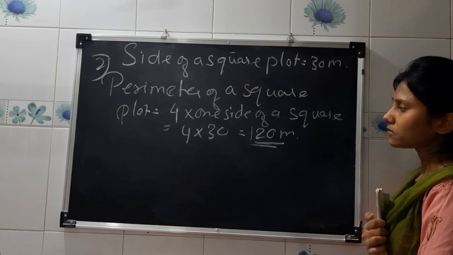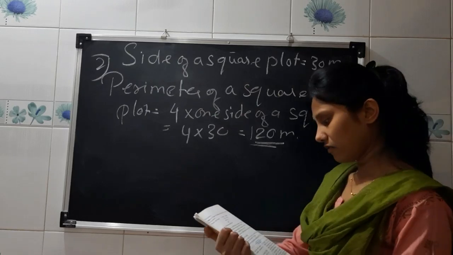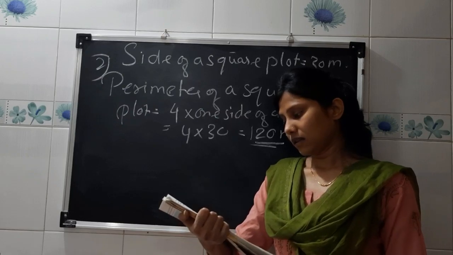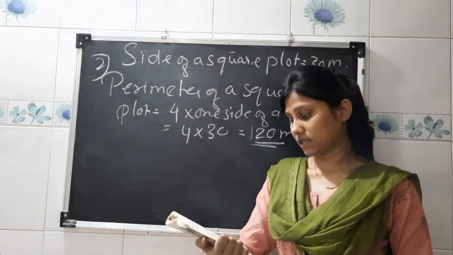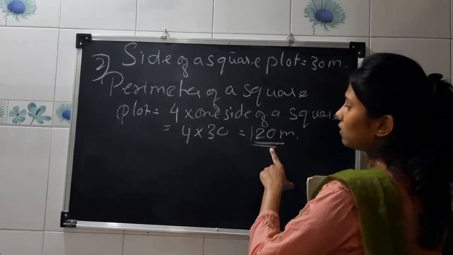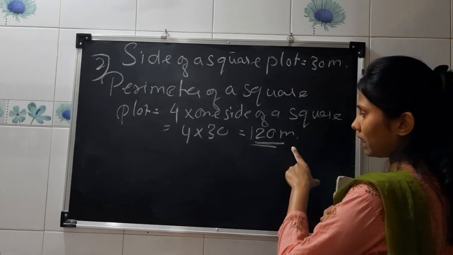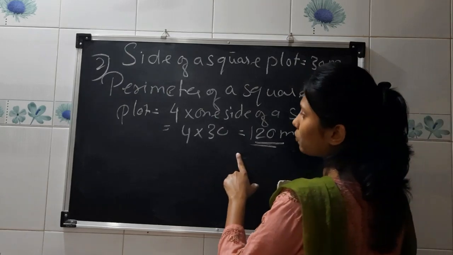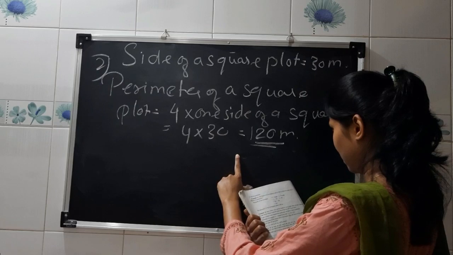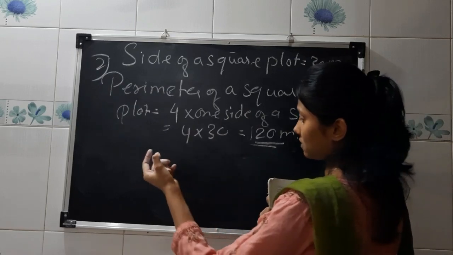But what they have given in the question is that they have to put a triple fence, means a 3-time fence, around a square plot. So we have got the answer 120 meter, but they have to put the fence around a square plot 3 times.